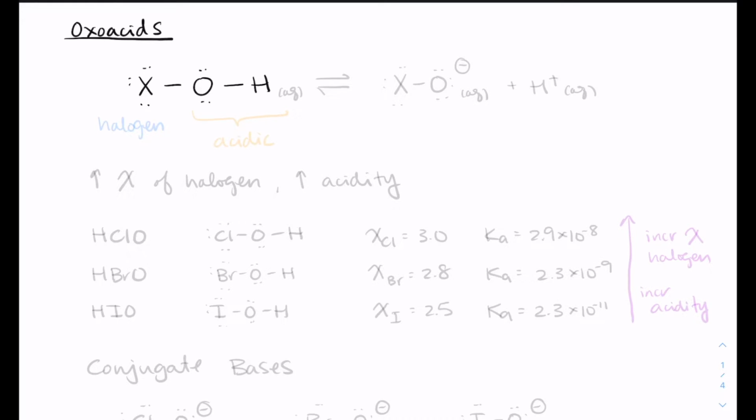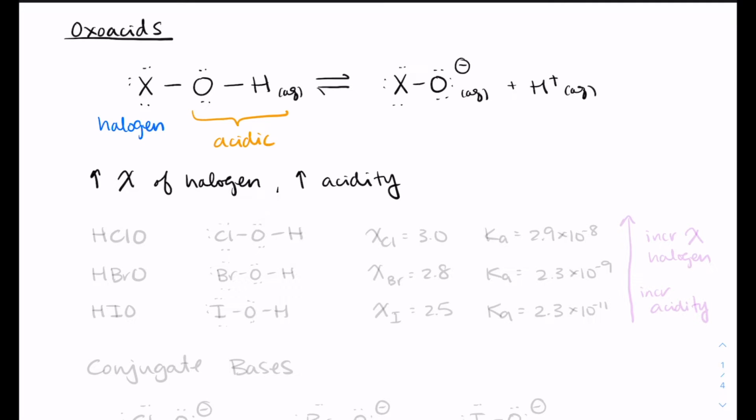So I've got this still generically drawn up here in equilibrium with its conjugate base, which is the XO minus and the H plus. So the oxygen-hydrogen bond is the one that's breaking, but the trend is related to the identity and electronegativity of the halogen in the oxo acid. So what we find is that as the electronegativity increases, the acidity increases. So HClO, electronegativity of chlorine is 3, Ka is 2.9 times 10 to the minus 8th.